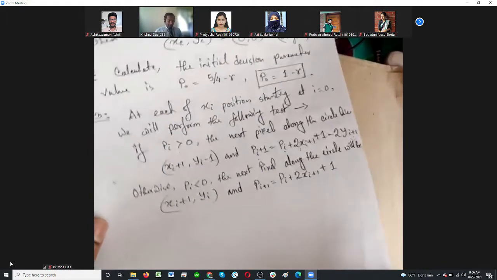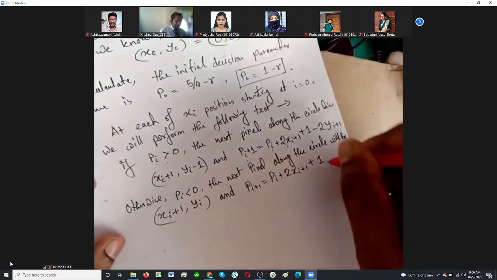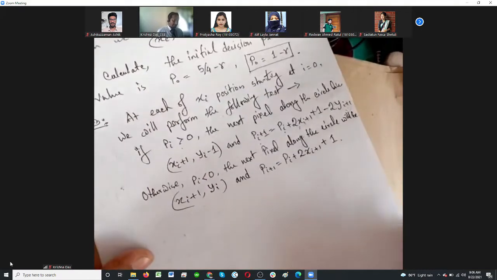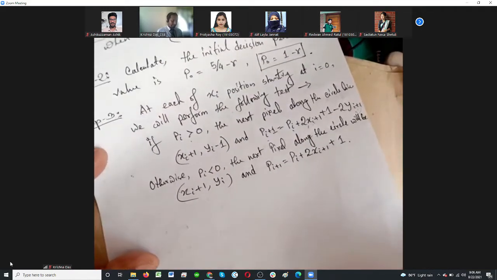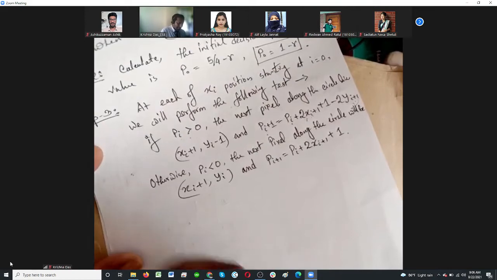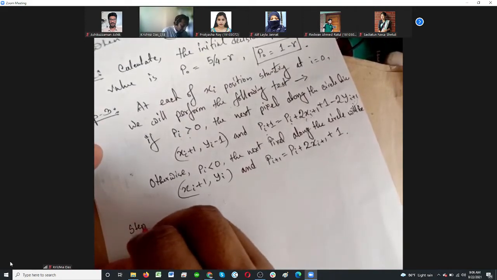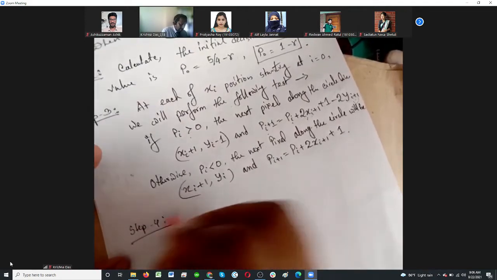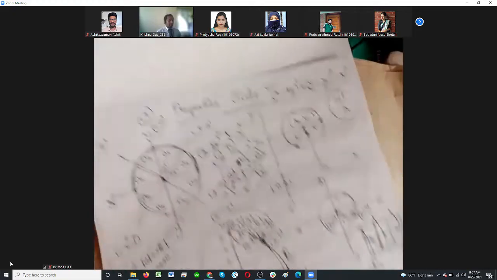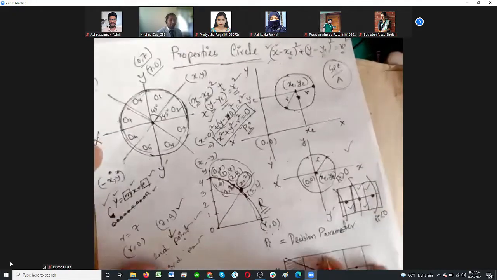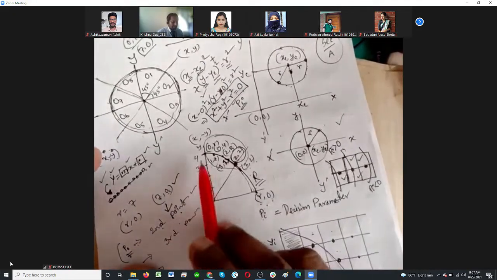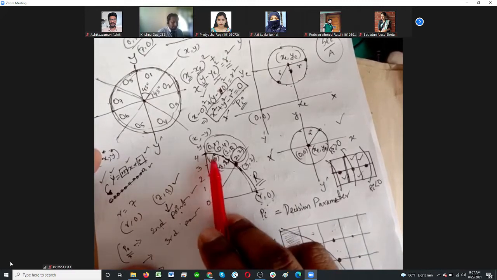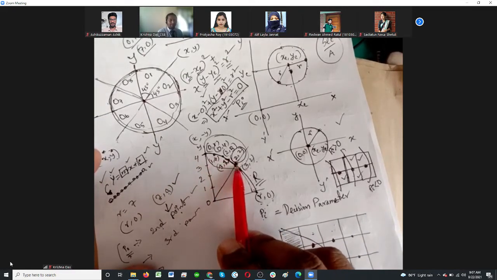Okay. And this activity of the decision parameter and finding the pixel will continue until, as you can remember, how long we need to go. We need to continue this activity from that point going down in the first octant.